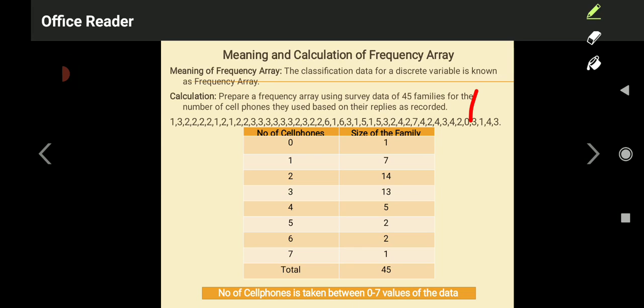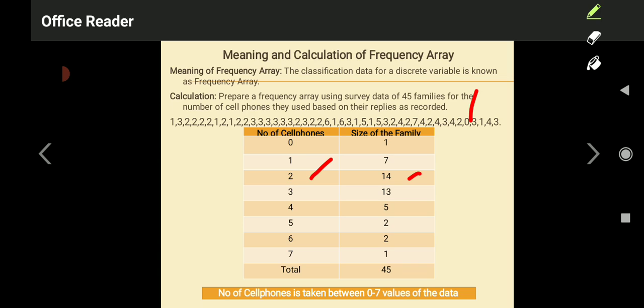Look at the third one: 14 families are using 2 cell phones each. If you look at the given data, you are able to understand there are 14 families using 2 cell phones each.